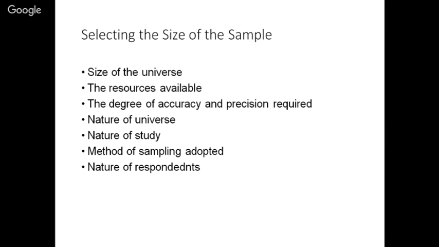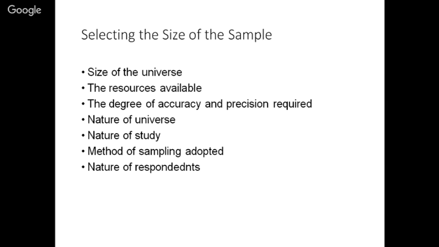Next is the degree of accuracy and precision required. The greater the degree of accuracy required, it is not necessarily that the sample is larger or smaller. The degree of accuracy is totally dependent upon our research problem or the population under study, and depending upon the characteristics of a population, the researcher will decide the size of a sample. Next is nature of the universe.